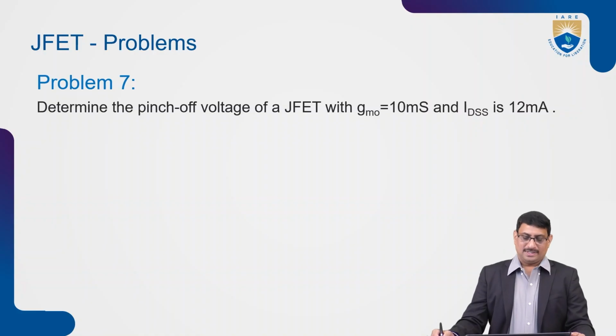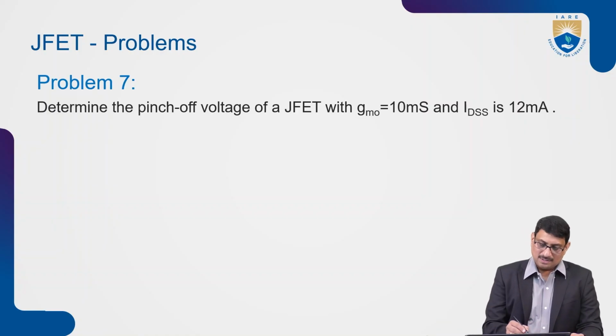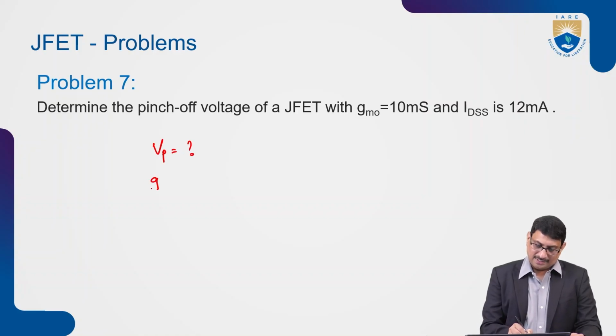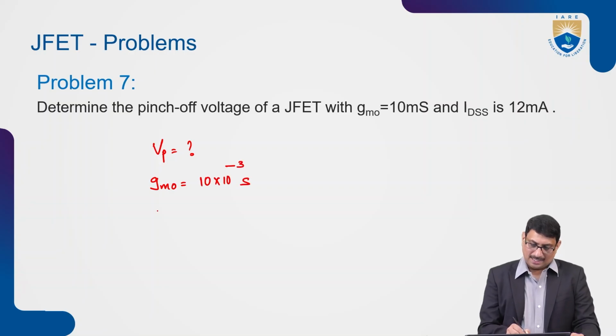Determine the pinch off voltage of a JFET with GM naught equal to 10 millisiemens and IDSS equal to 12 milliamperes. We need to calculate the pinch off voltage, where given is GM naught equal to 10 millisiemens and IDSS equal to 12 milliamperes.